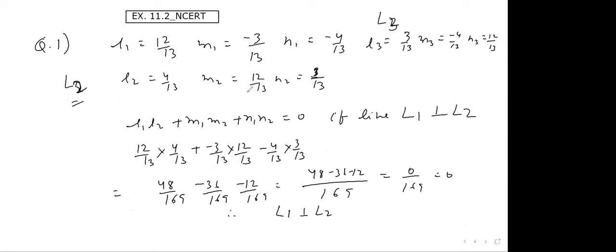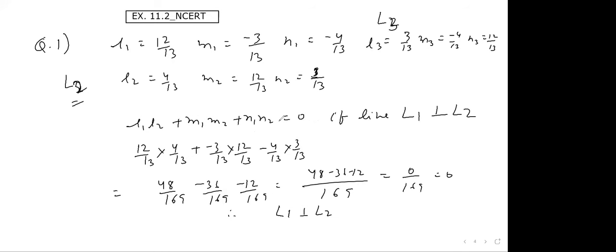Now we are doing exercise 11.2. In the first question, we have been given 3 sets of direction cosines, and we have to show that these lines are perpendicular to each other. If the lines are perpendicular, then the sum of the products of direction cosines, L1 L2 plus M1 M2 plus N1 N2, should be equal to 0.